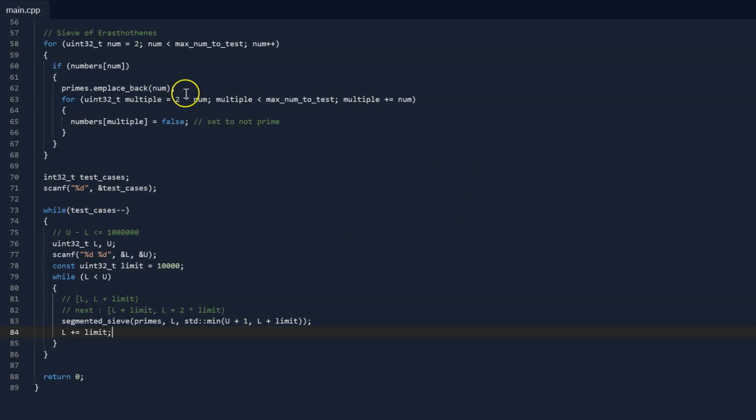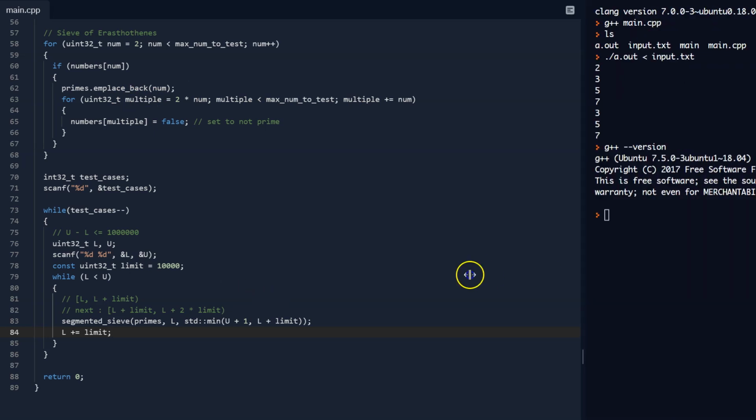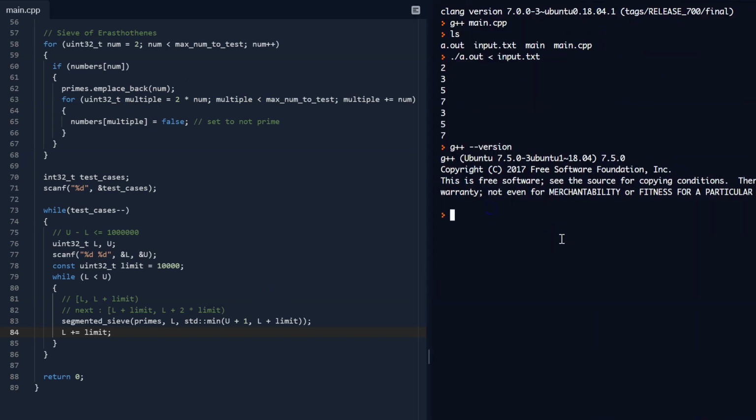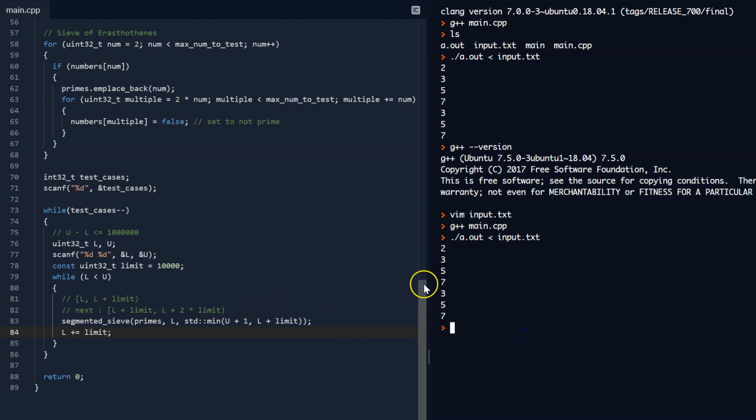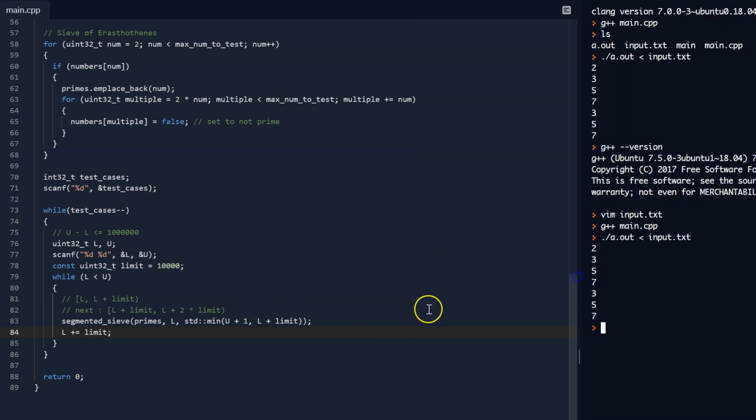We try to run our test case here. I'll show you our test case. And that's our answer. Right, let's try to submit this.